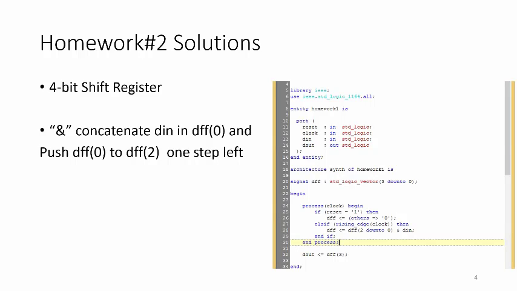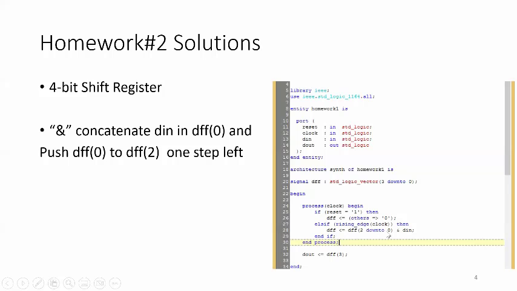This is my solution. For the 4-bit shift register, I used the concatenate. This is the AND sign. In this concatenate, I am concatenating this input DIN to my D flip-flop. I have D flip-flops, 3 down to 0.